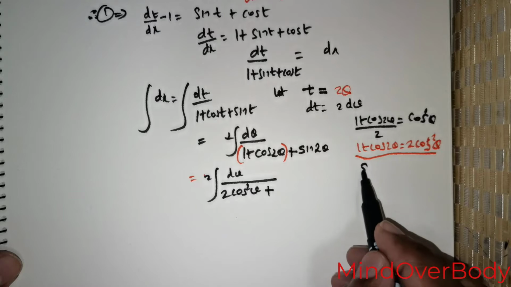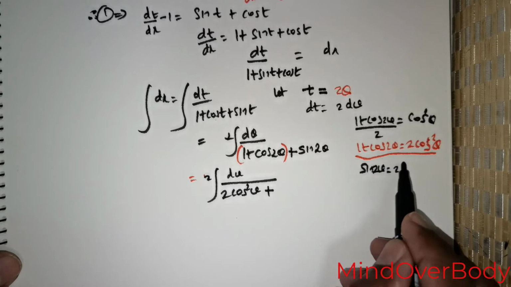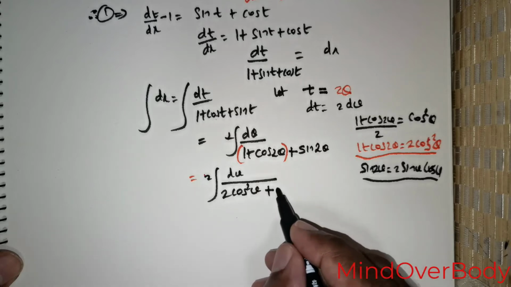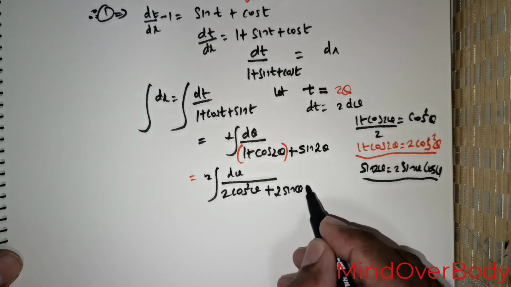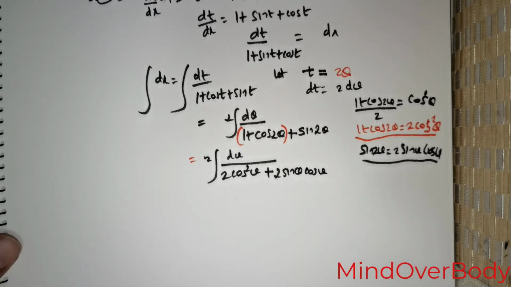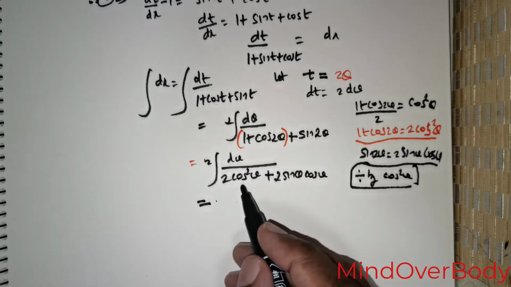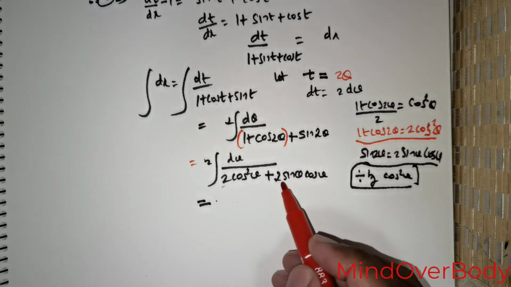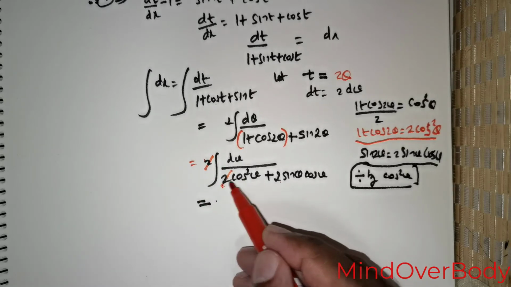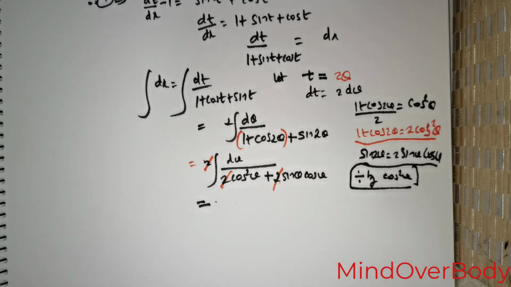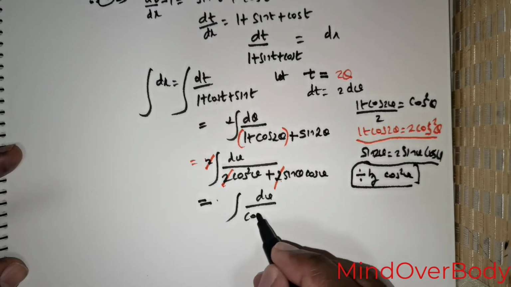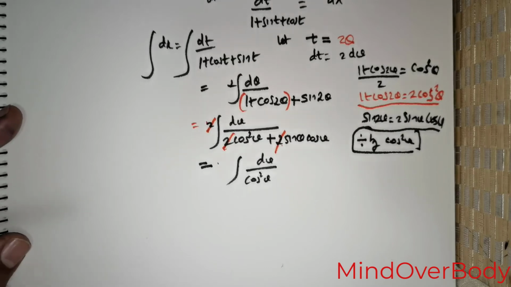Now sine 2 theta is 2 times sine theta cos theta. Okay, so this is 2 times sine theta and cos theta. You can write it like that. You can just take cos squared out. Now clearly you can see that you got a 2 here, you have a 2 here, you have a 2 here. So all these 3 2's can be cancelled. So I can now take cos squared theta out.